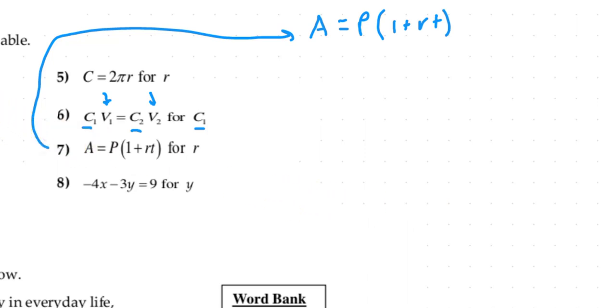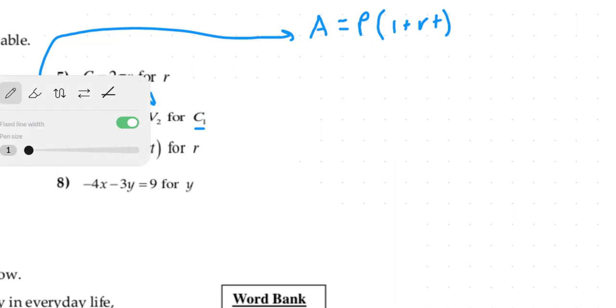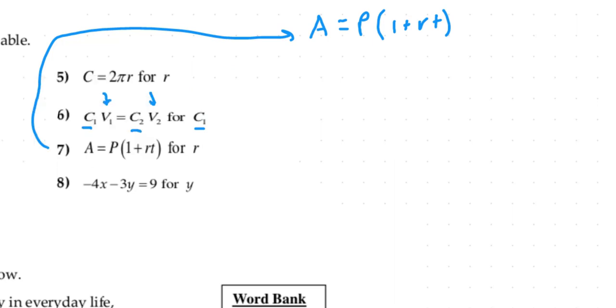Okay, so it looks like I have A equals P times 1 plus RT, and it says solve for R. So we have to get R by itself here, okay? So I think the first thing I can do is if I divide everything by P, right, you'll see that the P's cancel.